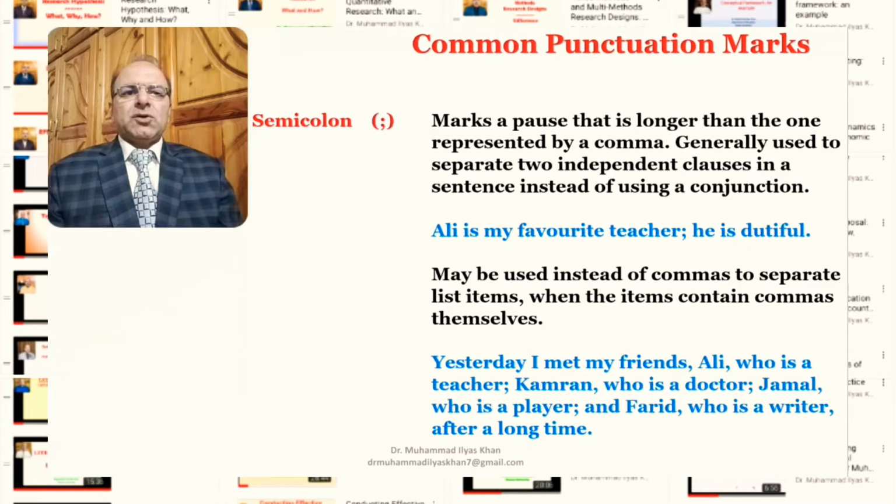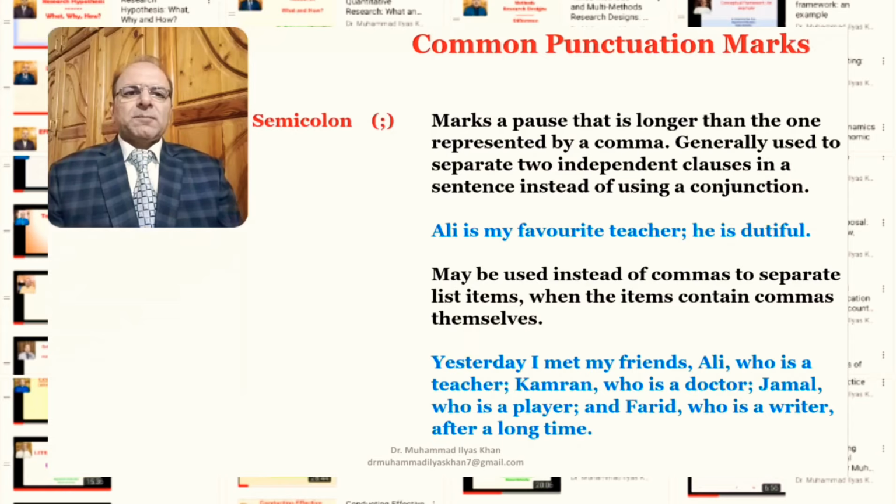But each of these items, that is the names Ali, etc., they are then followed by some detail, and that is why these different items in the list have then been separated by the semicolon.